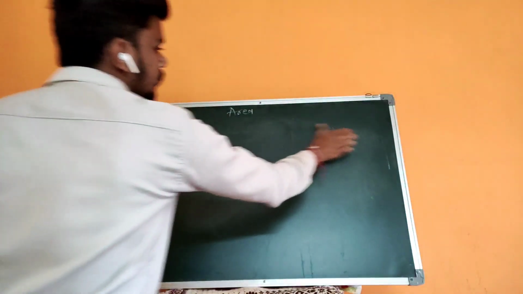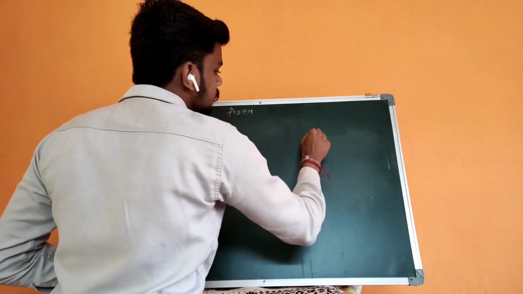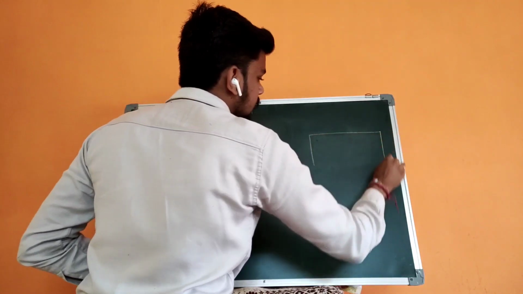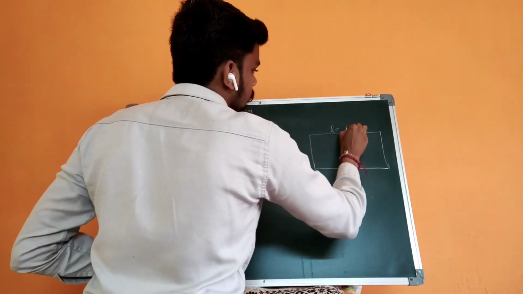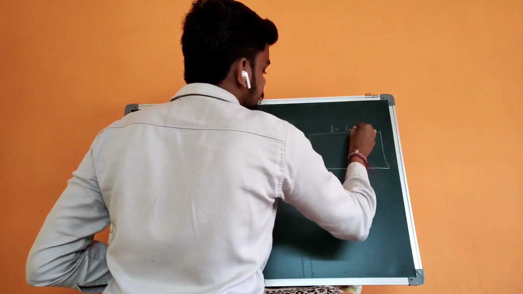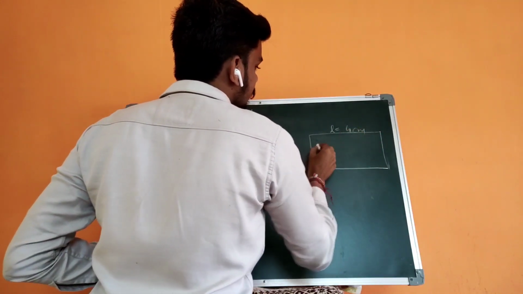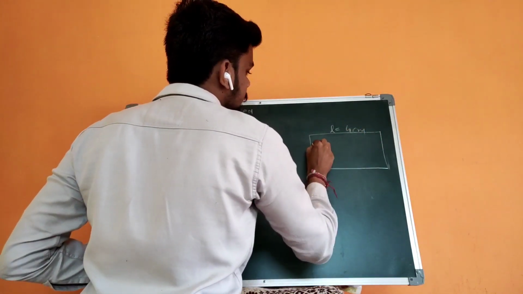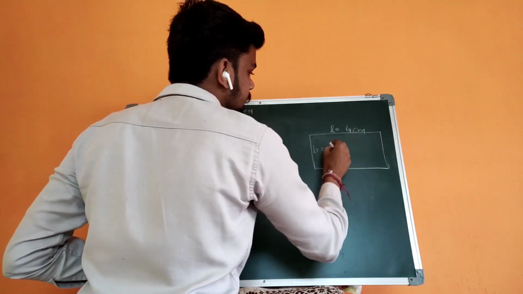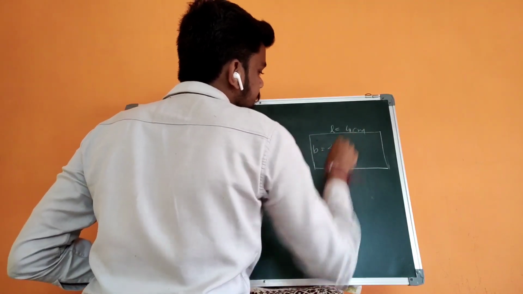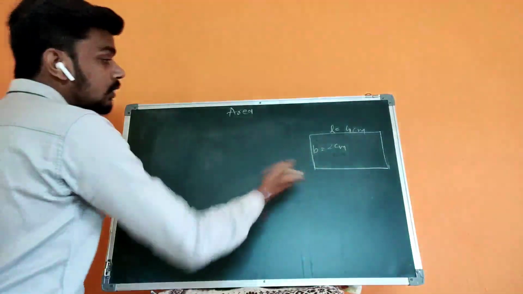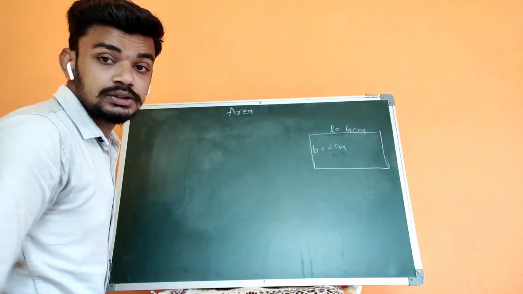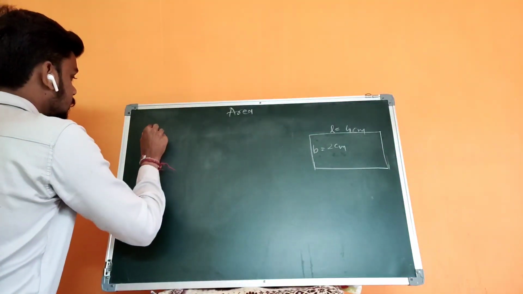So let us take an example for that. Say, for example, I have a compass of length 4 centimeter and breadth let's take 2 centimeter. So I have a compass of this size. Now, as we know about the square grid, we draw that first.